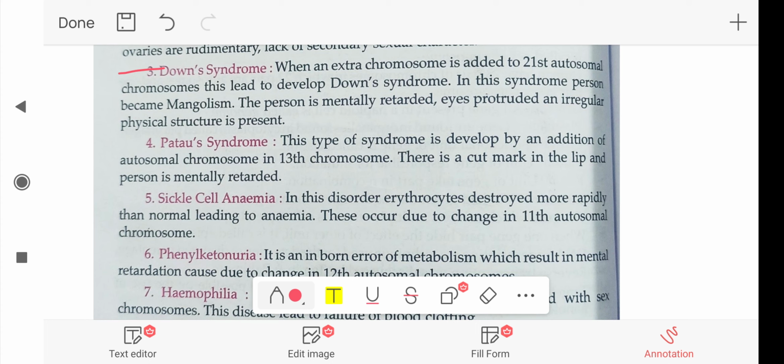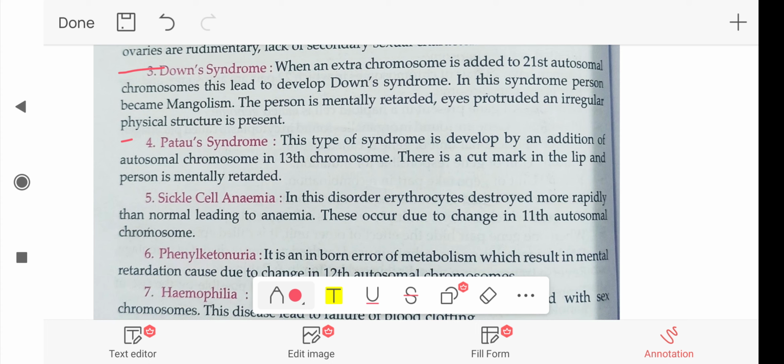In this syndrome, persons show Mongolism. The person is mentally retarded, eyes protruded and irregular physical structure is present. Next, Patau syndrome. This syndrome is developed by an additional autosomal chromosome in the 13th chromosome. There is a cut mark in the lip and the person is mentally retarded.